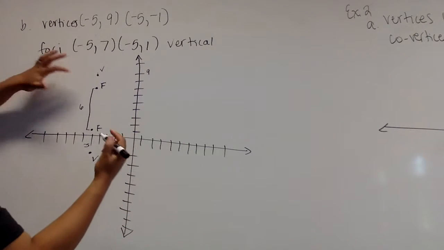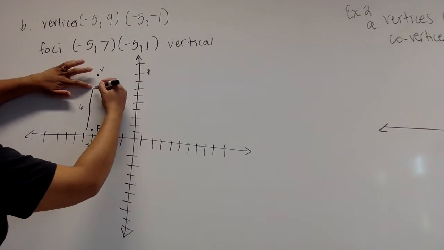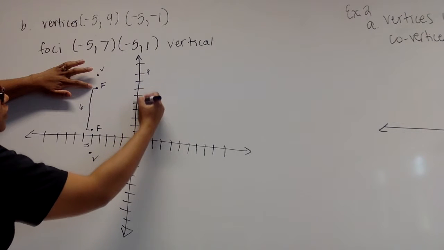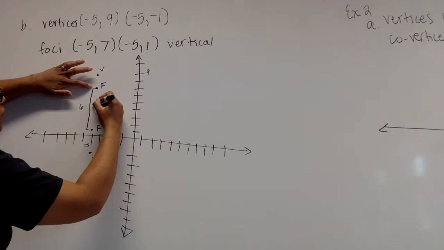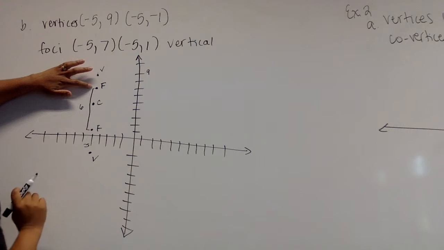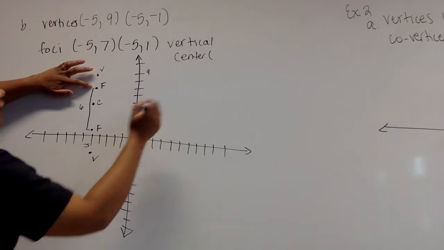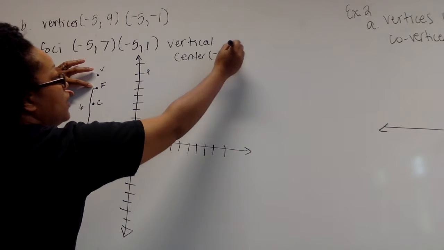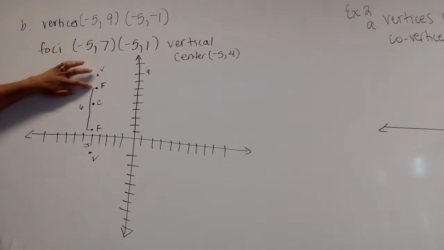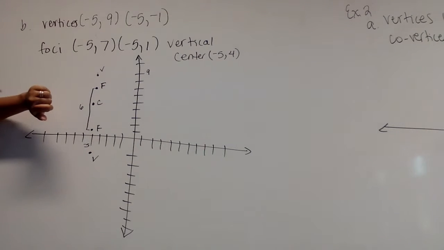All right? So if my center is in the middle, 1, 2, 3, my center would be right about there. So my center, y'all, the coordinates are -5, 4. There's my center. Just using the information I gave, some minor arithmetic.